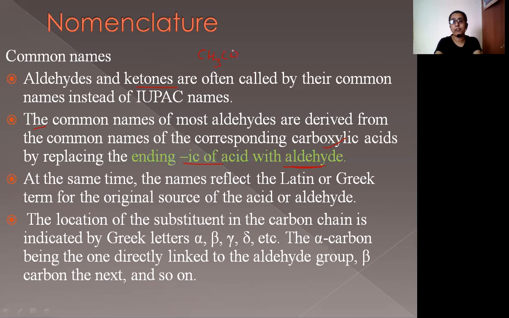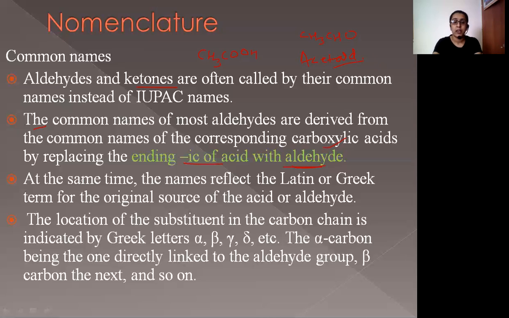If we have to prepare the corresponding aldehyde, it is CH3CHO, right? So here acetic acid has the ic acid replaced by aldehyde, so it is acetaldehyde. I hope this much is clear. In this way, they are derived from the name of the corresponding carboxylic acid.